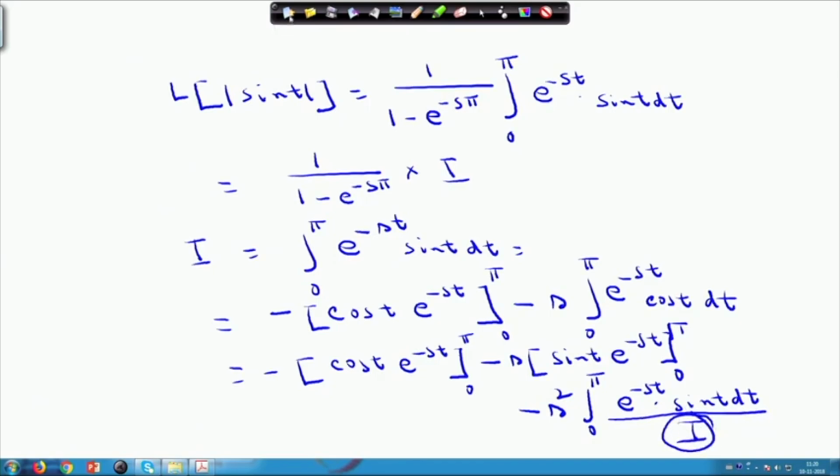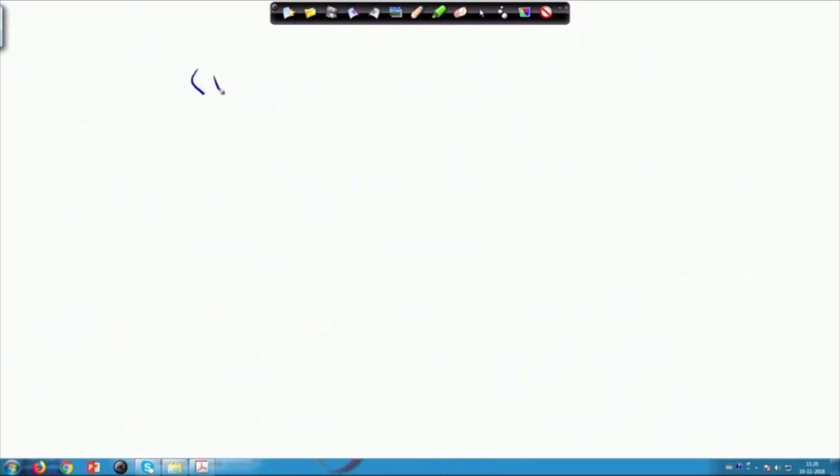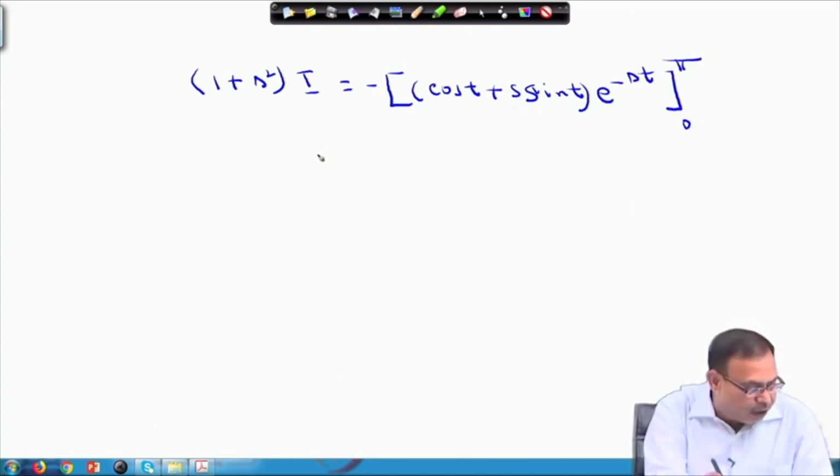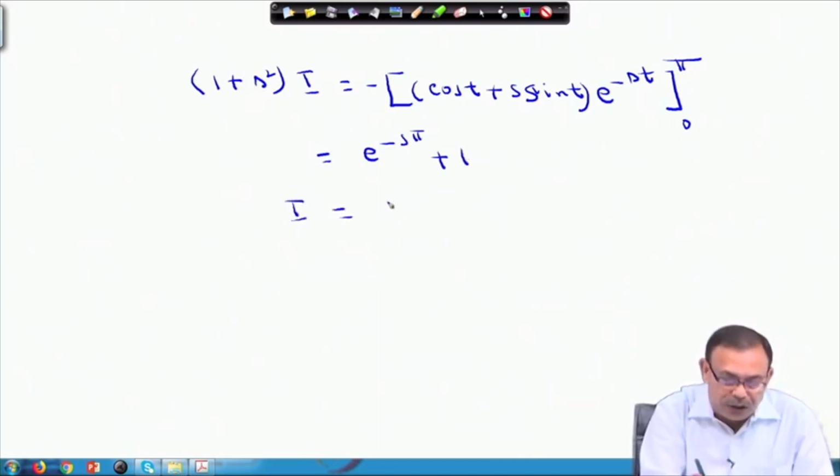In the next step we can write 1 plus s square into I equals minus cos t plus s sin t into e to the power minus s t from 0 to pi. Putting in the limits, you will get e to the power minus s pi plus 1. Therefore, I is equal to 1 plus e to the power minus s pi divided by 1 plus s square.